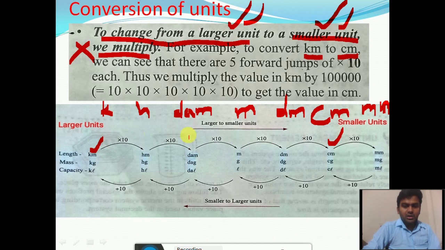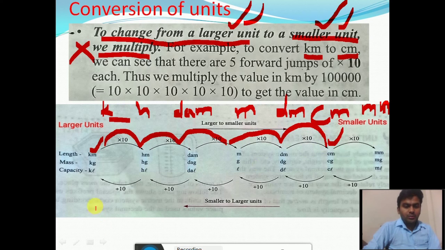To change the kilometer into the centimeter, if you have learned this diagram, kilo, hecto, decameter, deci, centi, millimeter, how many jumps do you have to do to move from kilometer to centimeter? 1, 2, 3, 4 and 5 jumps.